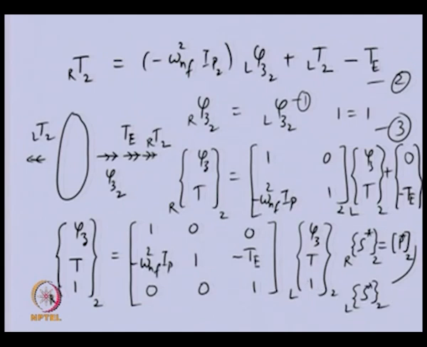So, S star and P star represent the modified state vector and modified point matrix. You can see now, as for the free vibration case, we can write this expression very conveniently, instead of writing the external torque outside the point matrix.